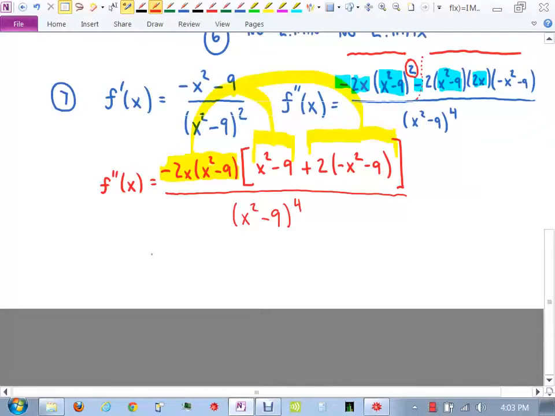Help me clean up the inside here, inside that big bracket. What does that big bracket become when you clean it up? Negative x squared minus 27.